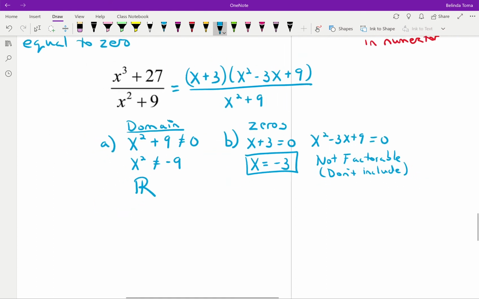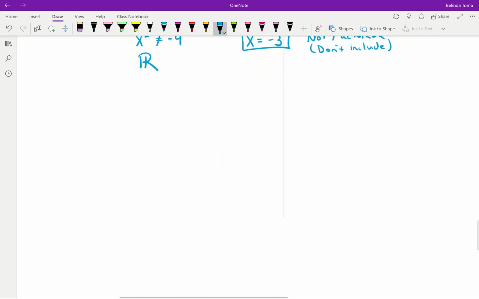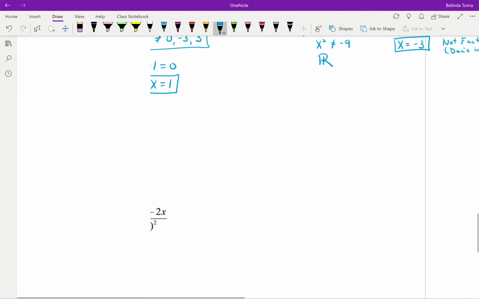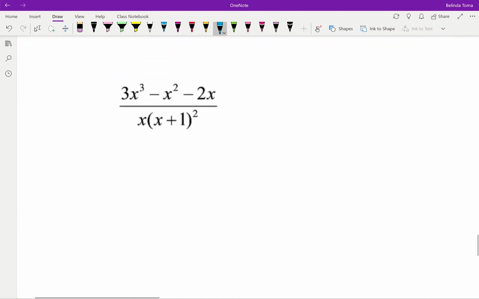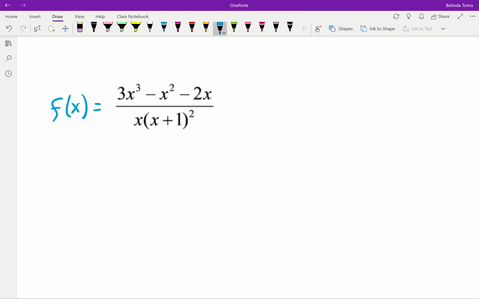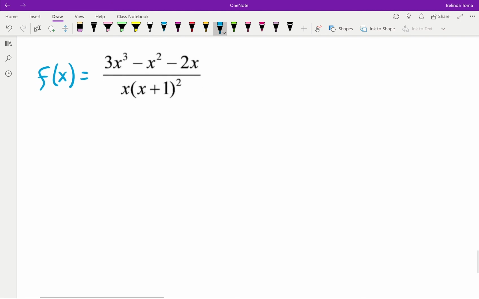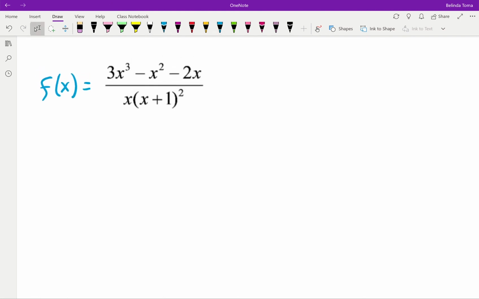And now we have our final example, and I don't think one of these was shown in function notation. So if we wrote it in function notation, it would look like this. And when we ask for the domain and the zeros, this one is not in factored form, so that's the first thing we're going to do.